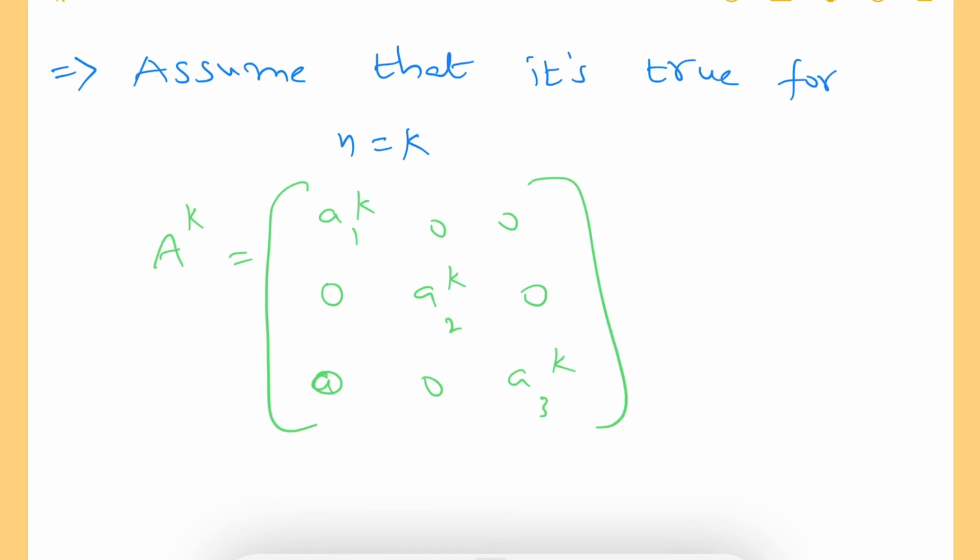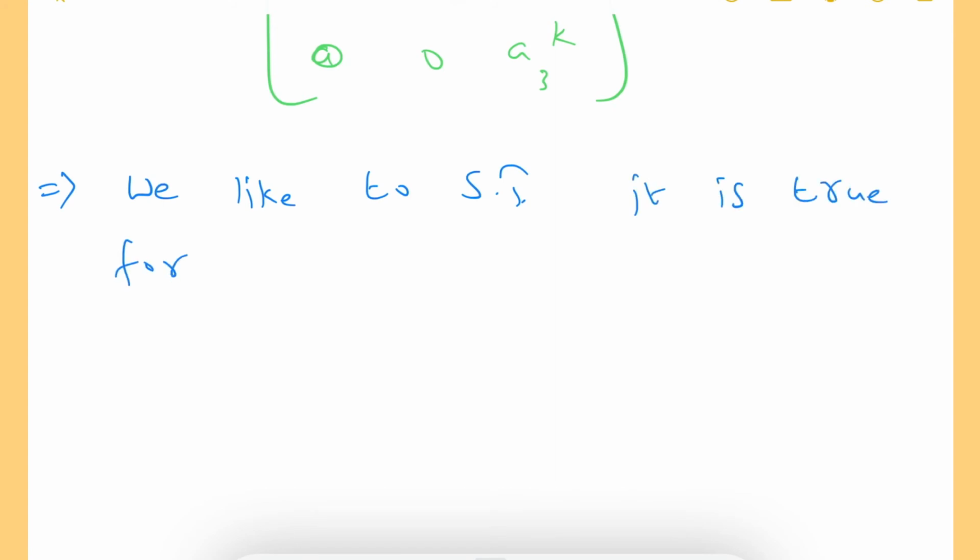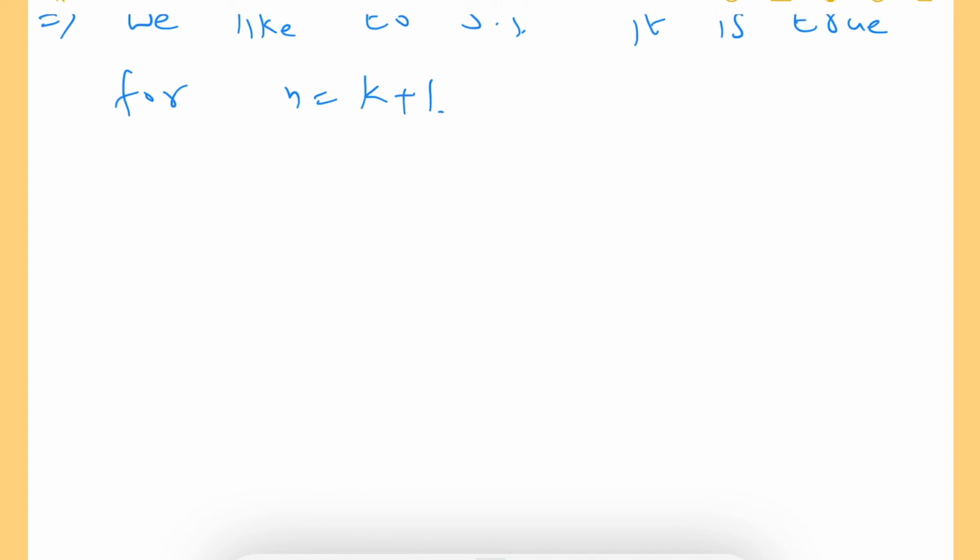Next, the third step is, we like to show that it is true for n equals k plus 1. So we need to show that A power n holds, with k plus 1 in the place of n. Now A power k plus 1 is nothing but A power k into A power 1.